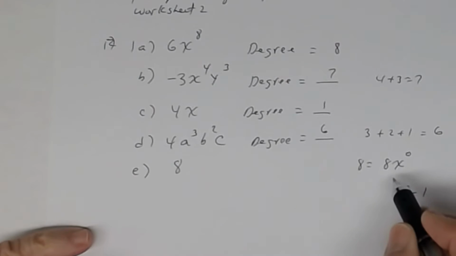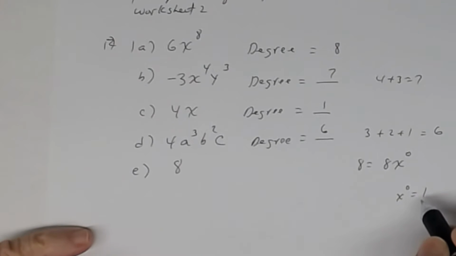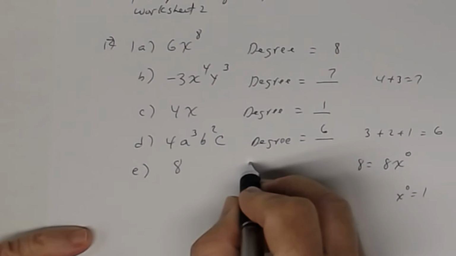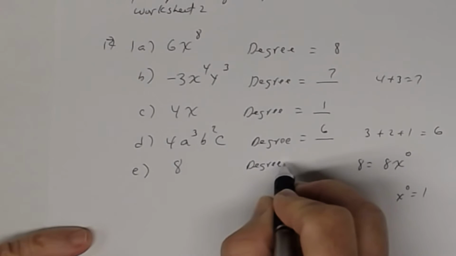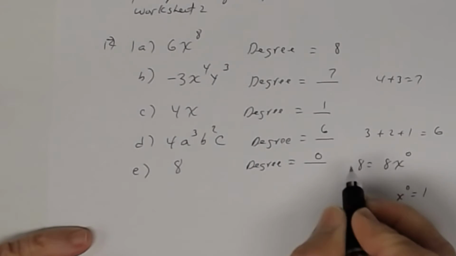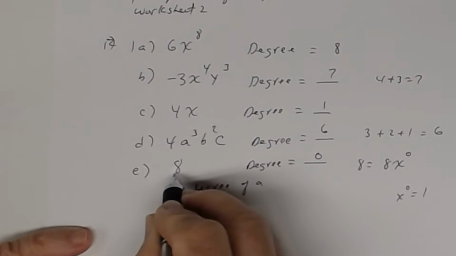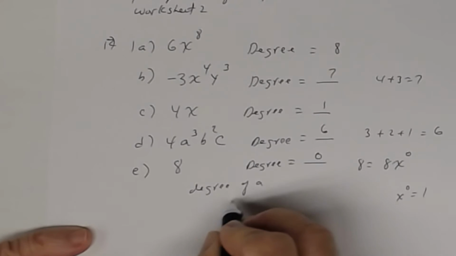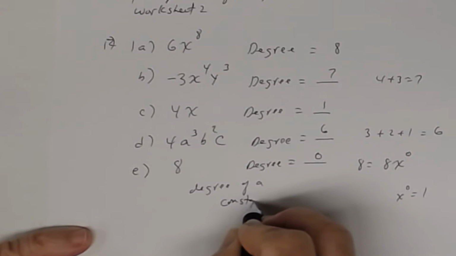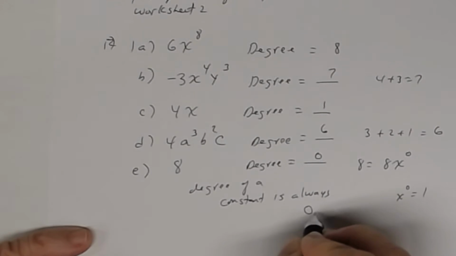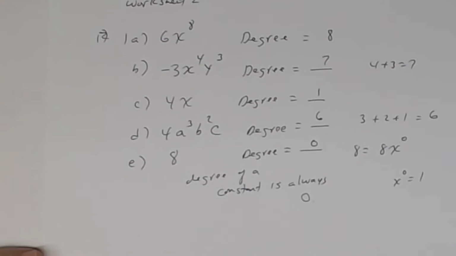So 8 times 1 is 8. So the exponent here is 0. So the degree of a constant is 0. See, that's a constant, there's no variable. The degree of a constant is always 0.